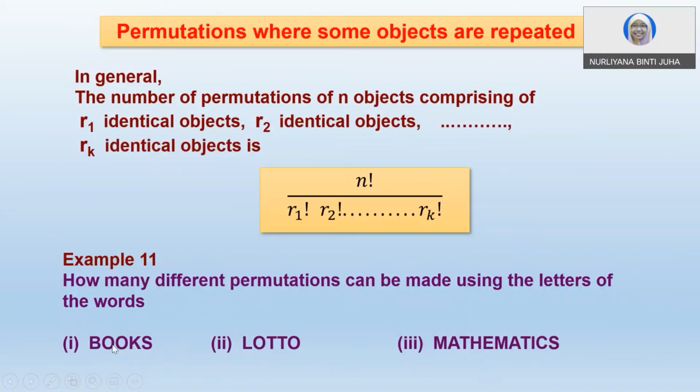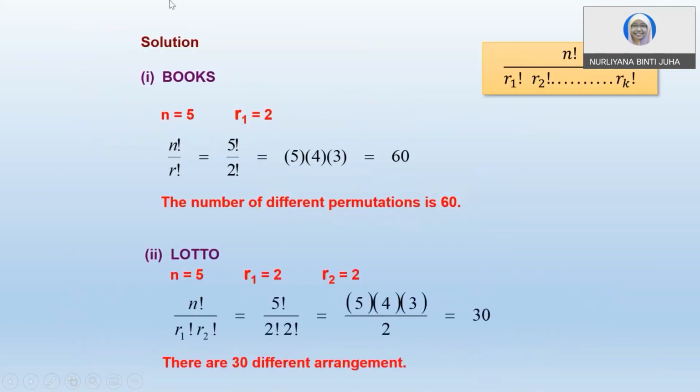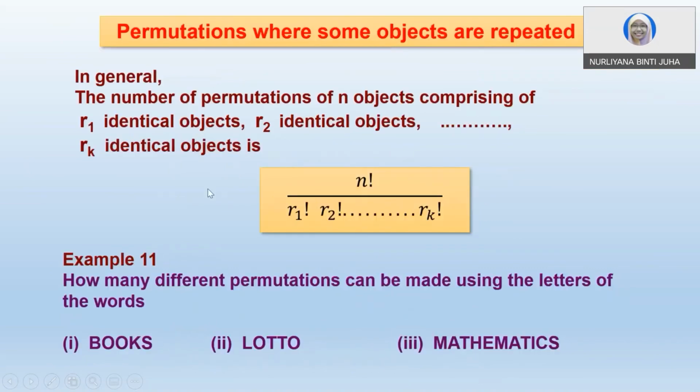Obviously, in books kita ada double O, and in lotto you have double O and T. In mathematics you have double A, double M, double T, and so on lah. Okay, so let's see how many permutation. So based on this formula just now, the one that have repeated object, you're gonna use formula n factorial over R1 factorial multiply with another R factorial yang berulang lah.